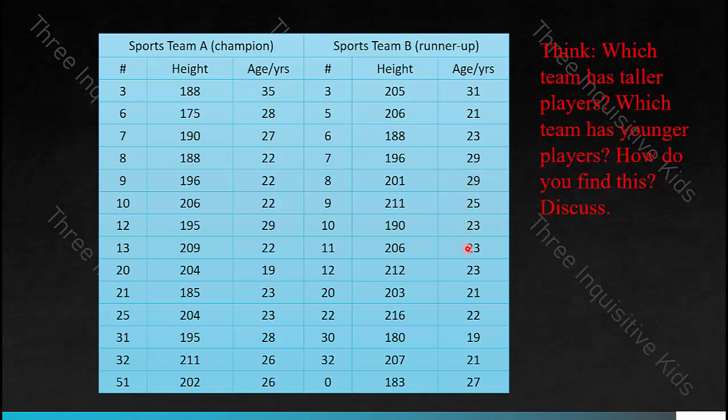There are not as many younger people. A lot of these are above 25 years of age or at 25, meaning that sports team A is younger. And usually when you're younger, you have more energy, you're stronger. So it might make sense why sports team A was the champion and sports team B was second place.